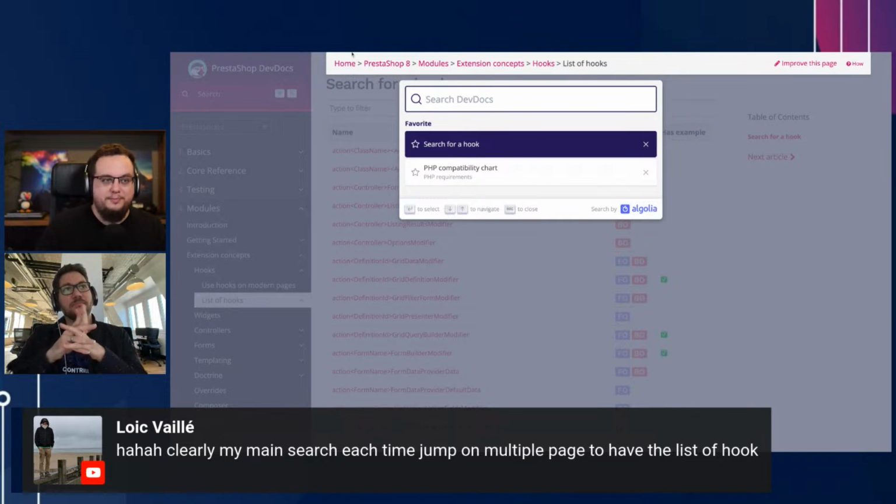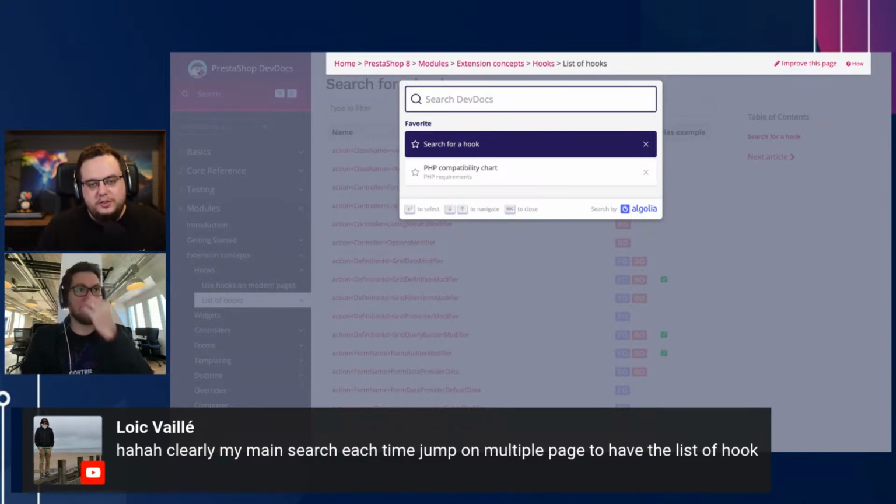I hope it helps. I didn't know that feature. It's a great feature. I noticed it while we were doing analysis with Thomas about those missing results from the developer documentation search. So it is really a great feature, very helpful.